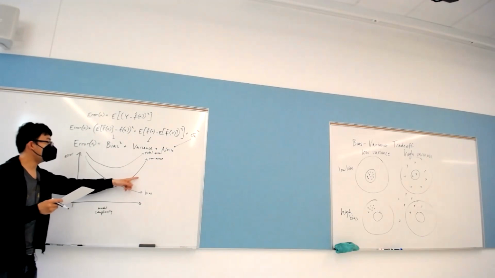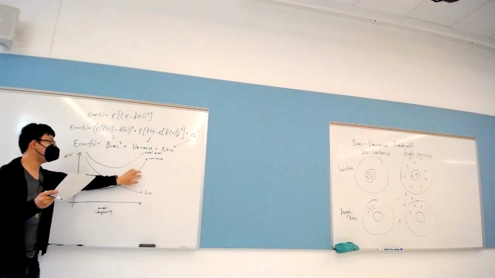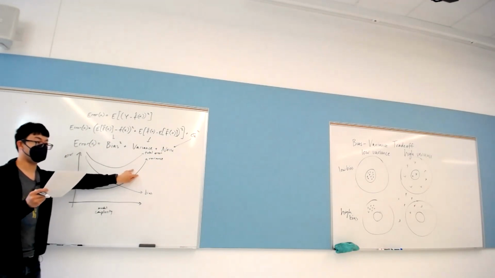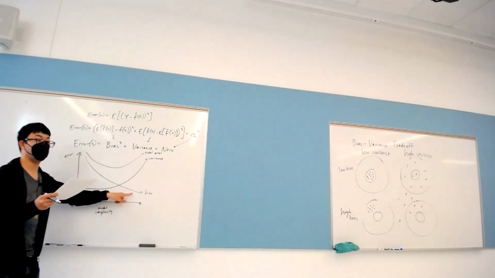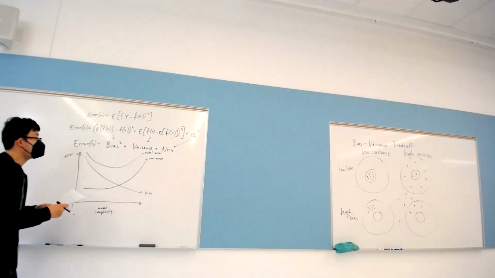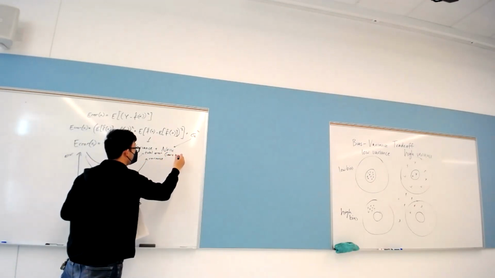You can think of this as the error of the test set data points that you're putting in, and this as the error of the original training set points. Okay, so total error is variance plus bias.